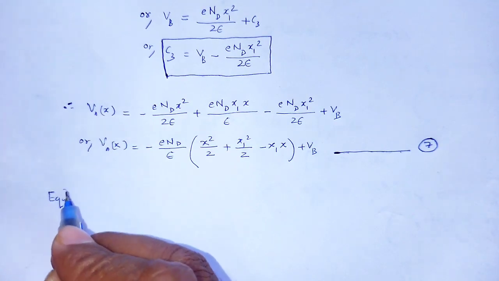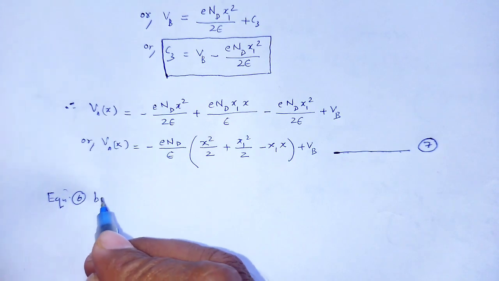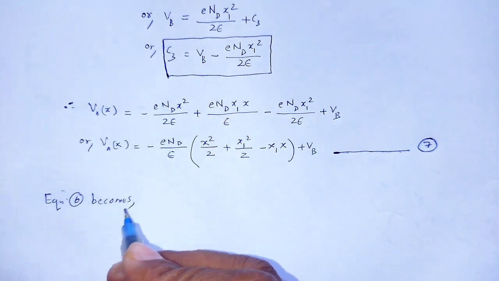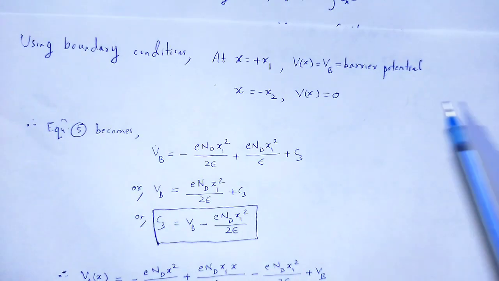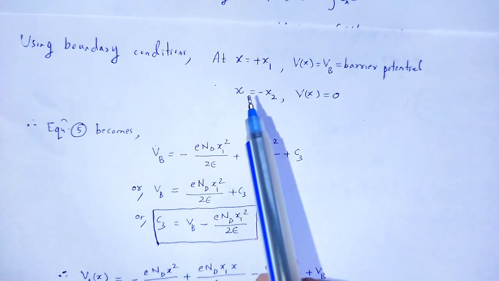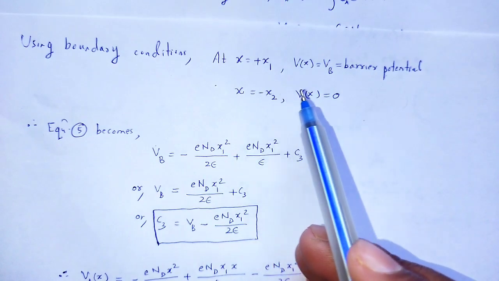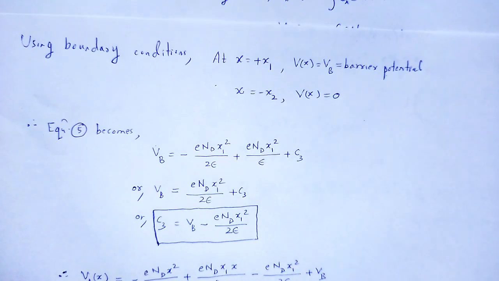Again, equation number 6 becomes, we use the boundary condition as for p type at p region x is equal to x2. So, V of x will be 0.